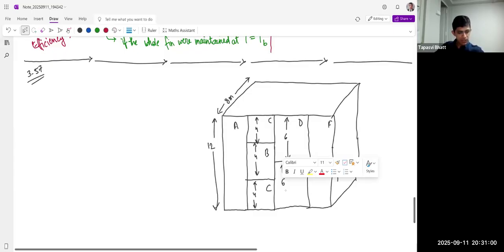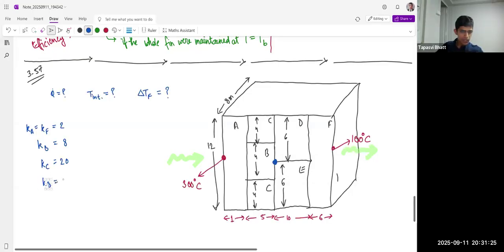We have thermal conductivities of each of the materials. We have Ka equals Kf equals 2, Kb equals 8, Kc equals 20, Kd is 15, and Ke is 35. Okay, what else do we have? I think that's it, right? So this is a very simple problem.